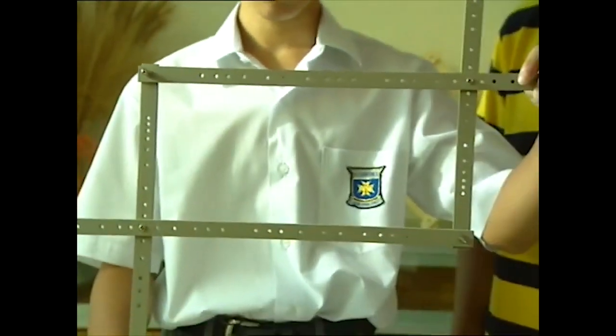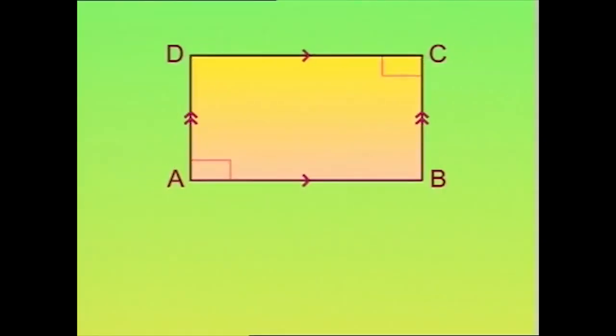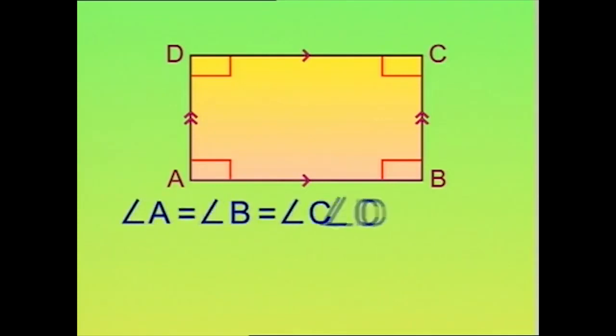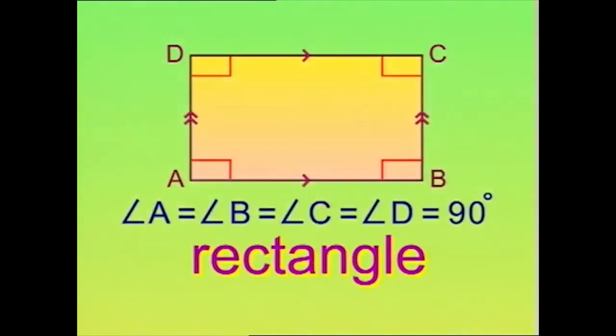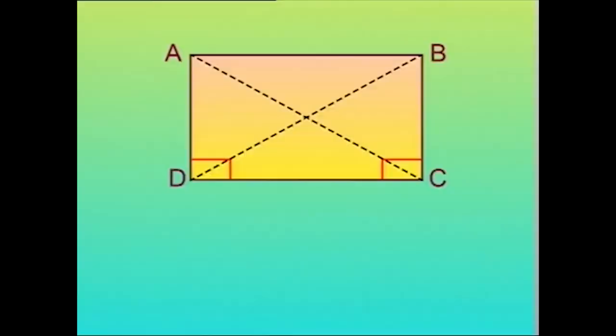Since the interior opposite angles of a parallelogram are always equal, the four interior angles of a rectangle are right angles. Therefore, it has all the properties of a parallelogram. That's right, and a rectangle has other properties such as the diagonals are equal.